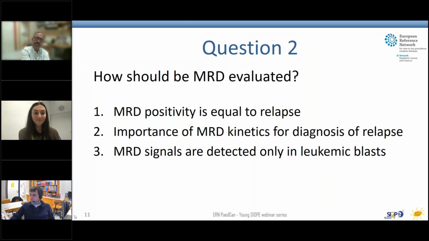And this relates to certain subset genetics, for example. We know, for example, in standard risk AML like translocation 8;21, that MRD might be positive very long term also after the end of intensive therapy, and this positivity does not correlate to impending relapse.